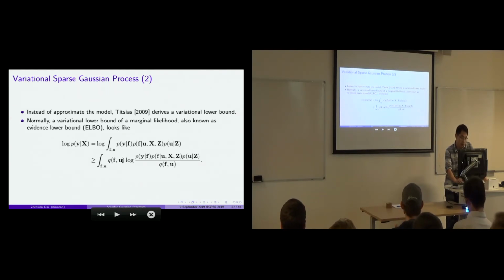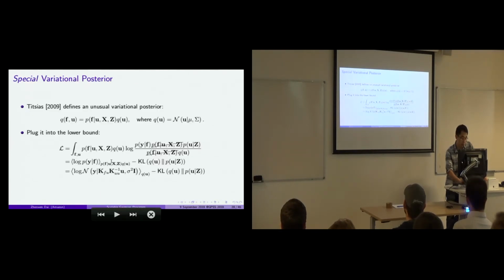In the variational sparse Gaussian processes, it assumes a particular form of variational posterior, which looks like this.